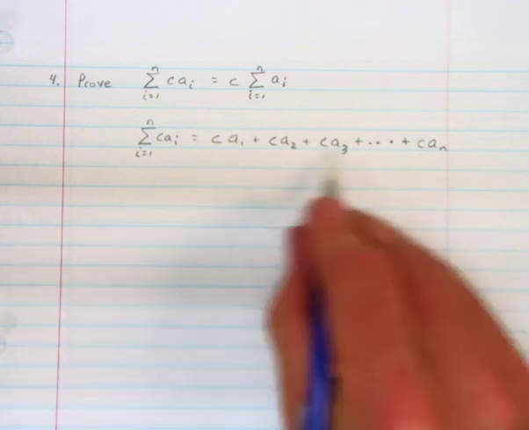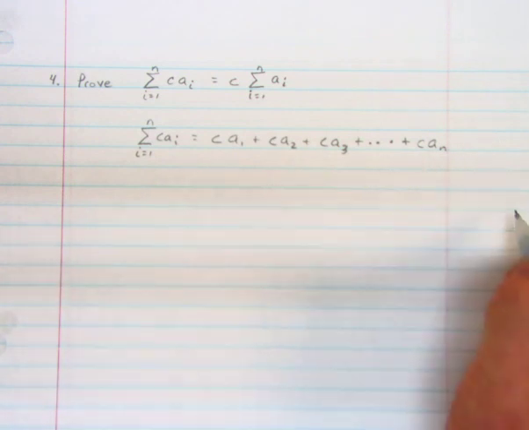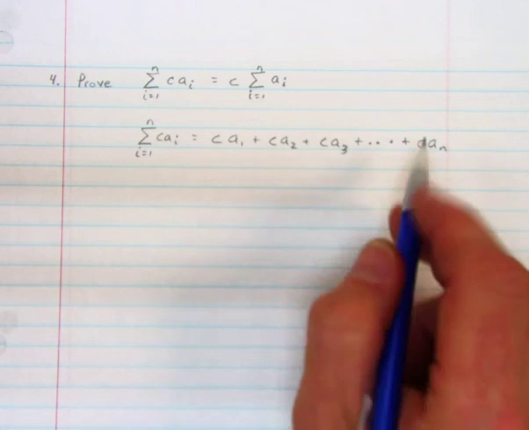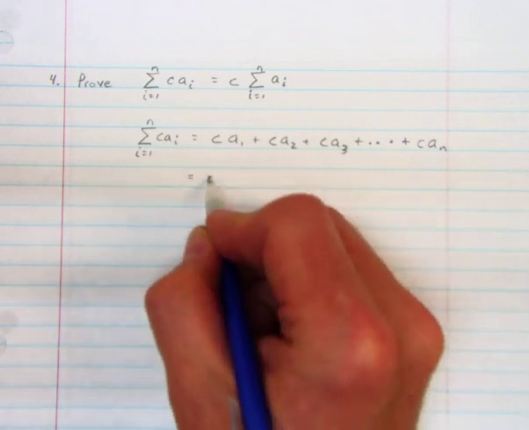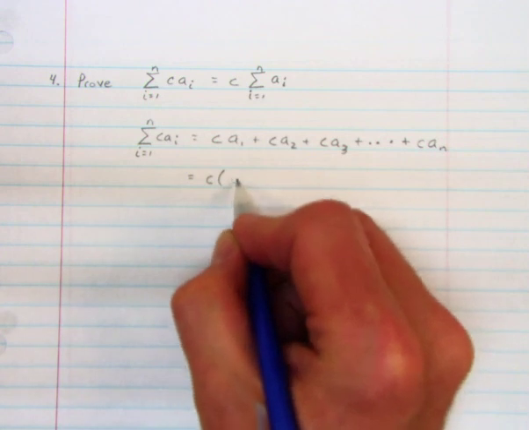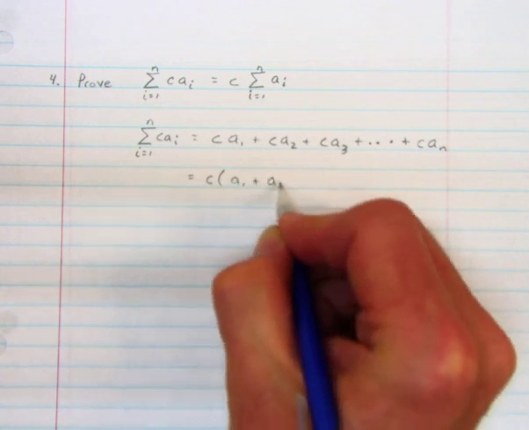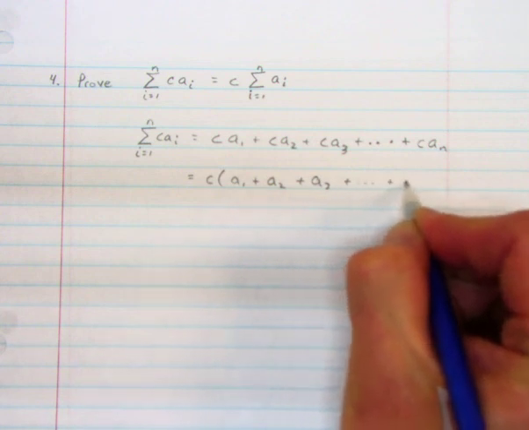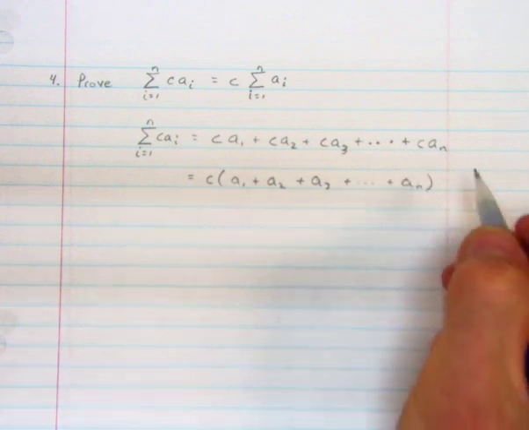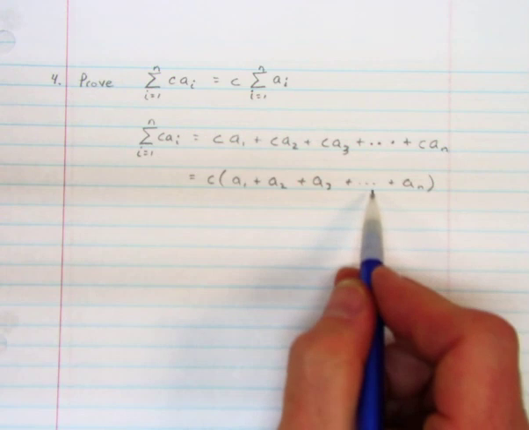What do you notice about every single one of these terms? They all have c in common. So what can we do with those? We can use our algebra and factor it out. So that's c times a1 plus a2 plus a3 plus dot dot dot plus a sub n. Well, what is this?